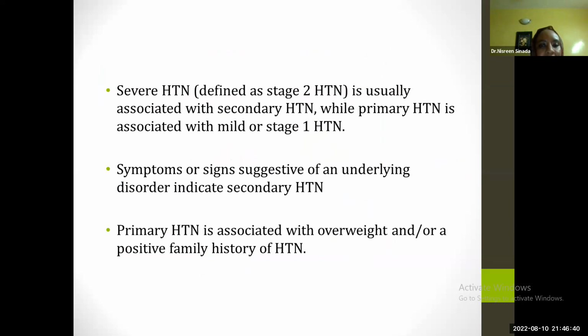Symptoms and signs suggestive of an underlying disorder indicate secondary hypertension, so we should search for the cause from history, examination, and investigation, guided by the suggestive disease from the history. Primary hypertension is associated with overweight and/or positive family history of hypertension.